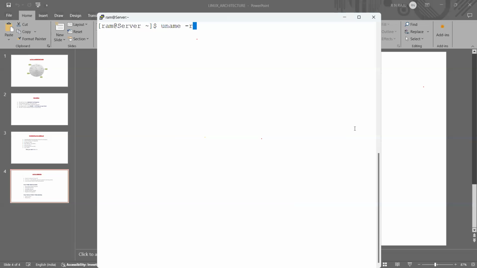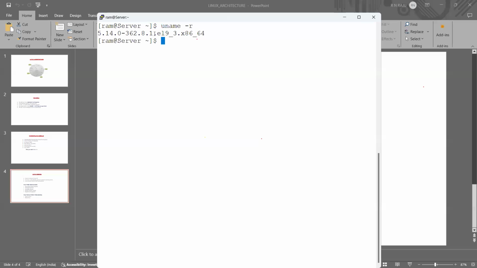Uname -r will check the Linux kernel version. So now my kernel version is 5.14. So your Android mobiles also run with the 5 edition or 6 edition. But those using 4.3, those kernels are very old editions. Now 5 or 6 is very good.